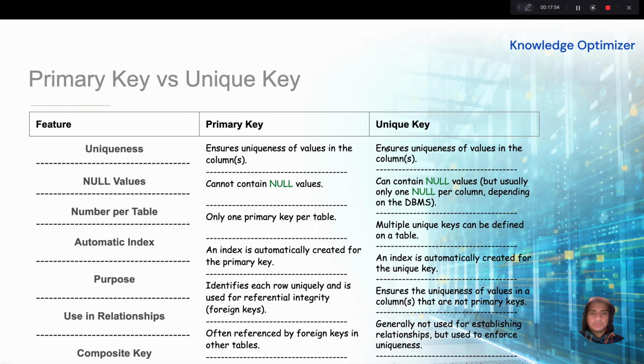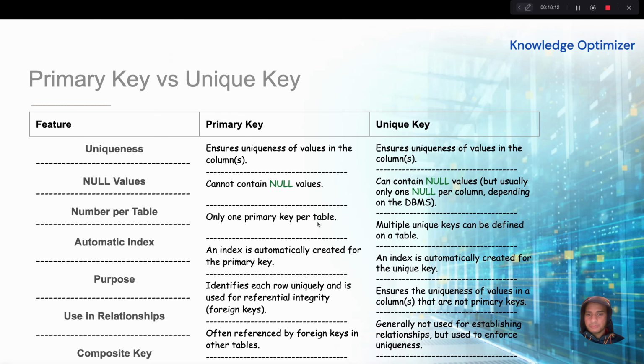So again, this also contains unique values only for a particular column, but the only thing here is that it can contain null values. There can be chances that if it doesn't exist, then also it is fine. Then multiple unique keys we can define.